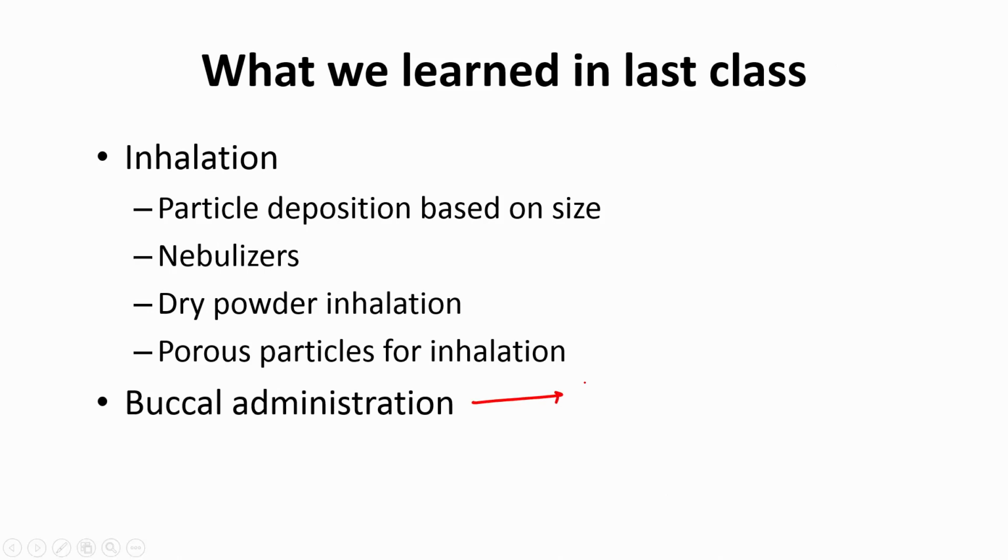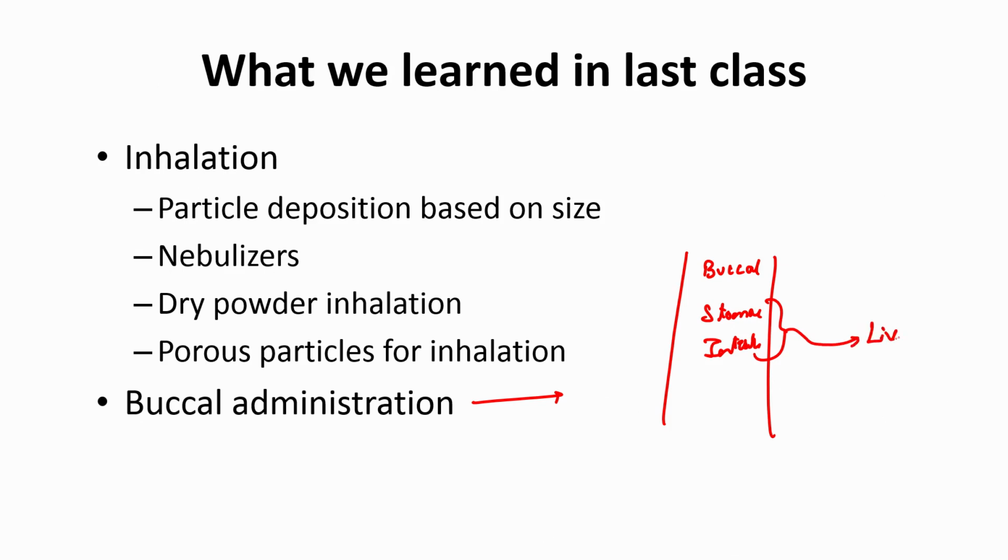And what we also discussed is that from the stomach and the intestine, whatever is absorbed goes into the liver, and then it goes to the systemic circulation.